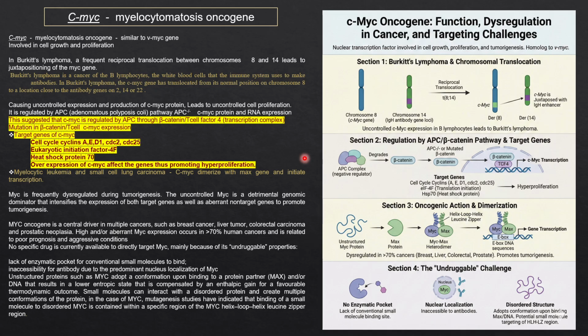It is localized in the nucleus, making it inaccessible to certain therapeutic agents like antibodies. In addition, its structure is highly dynamic and disordered, which complicates drug design. Current strategies focus on disrupting the interaction between MYC and MAX or targeting the regulatory regions involved in its function.